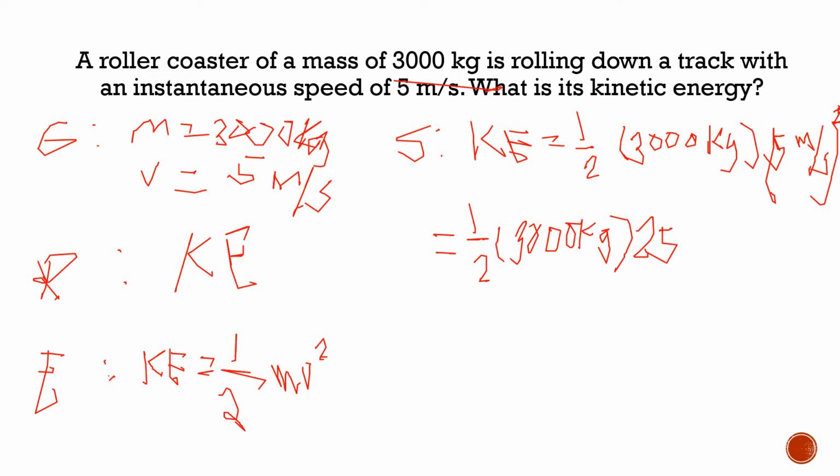Since it is in parentheses, the units will also be meter squared over second squared. Still copy the 1/2 here. Then you need to multiply 3,000 by 25. 3,000 times 25, the correct answer is 75,000.